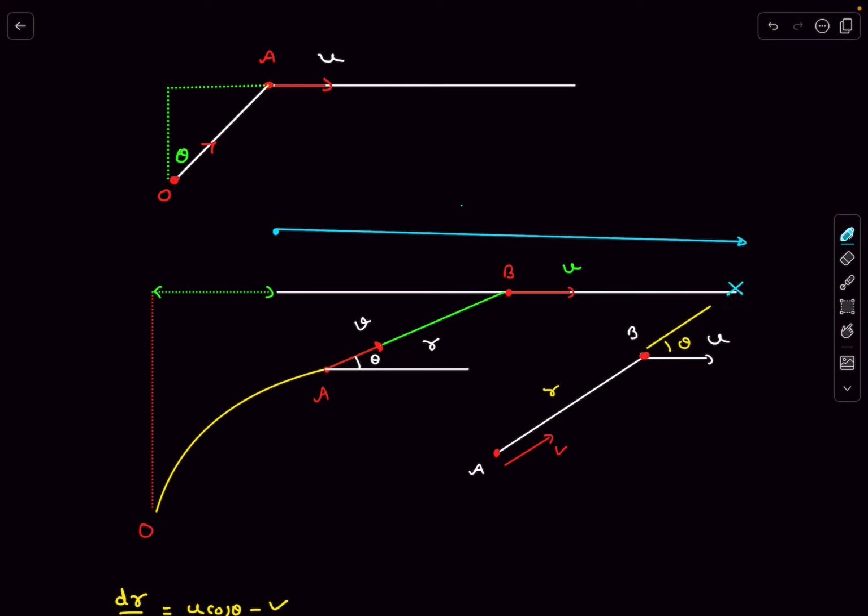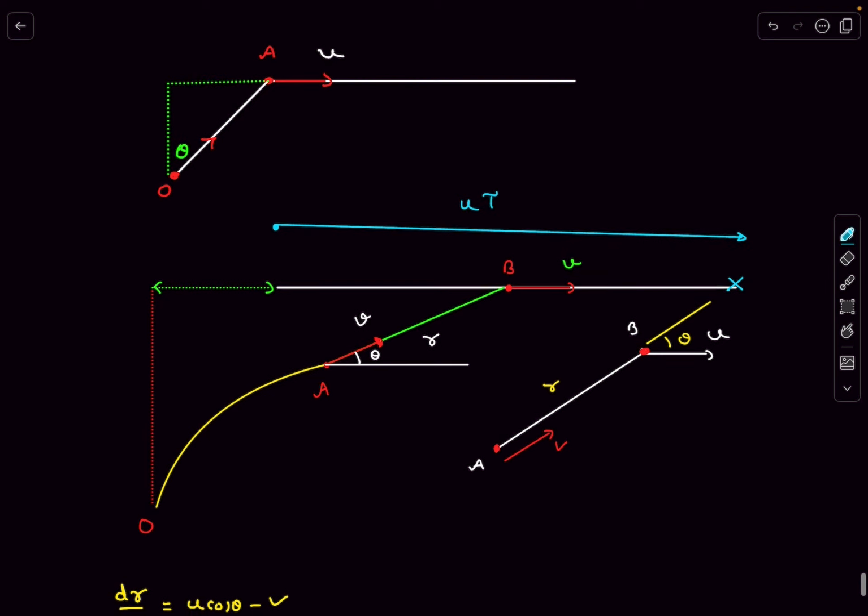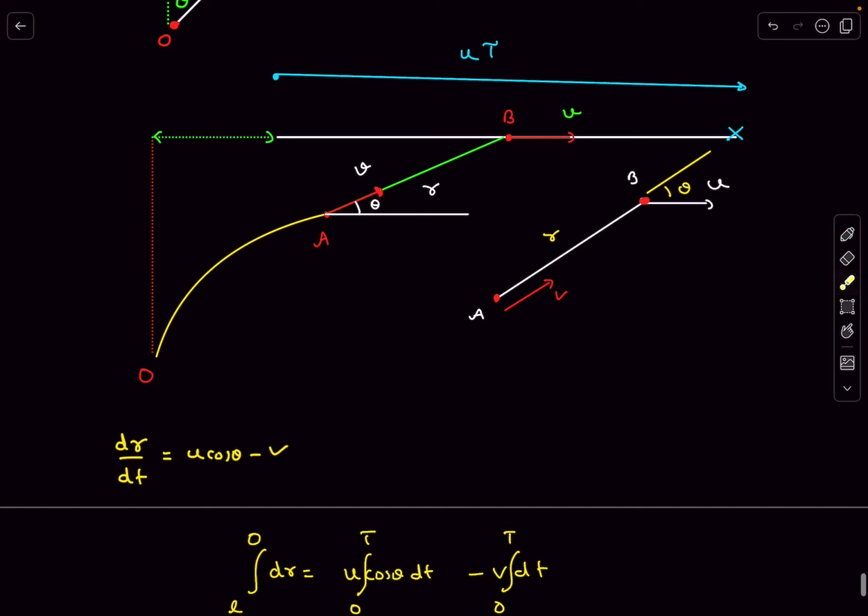So this total distance is going to be u into T, because the mouse is running with constant speed, right? And the horizontal speed of the cat is going to be v cos theta, where theta is the angle v makes with the horizontal. But as it is a variable quantity, we have to integrate v cos theta with respect to time to get the horizontal displacement of the cat.